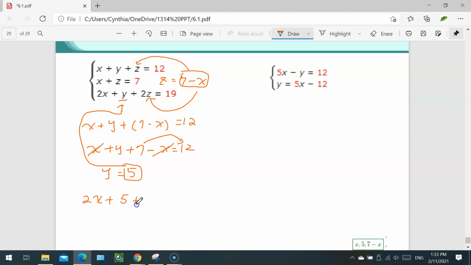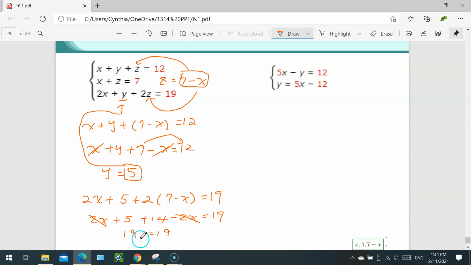Plus 2z, I'm going to rewrite z with 7 minus x is equal 19. So you have 2x plus 5 plus 14 minus 2x equal 19. Now 2x cancels out. 19 equal 19.